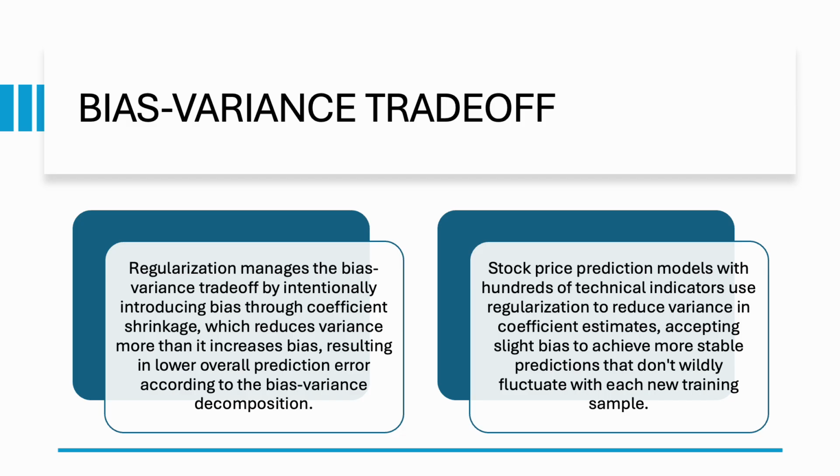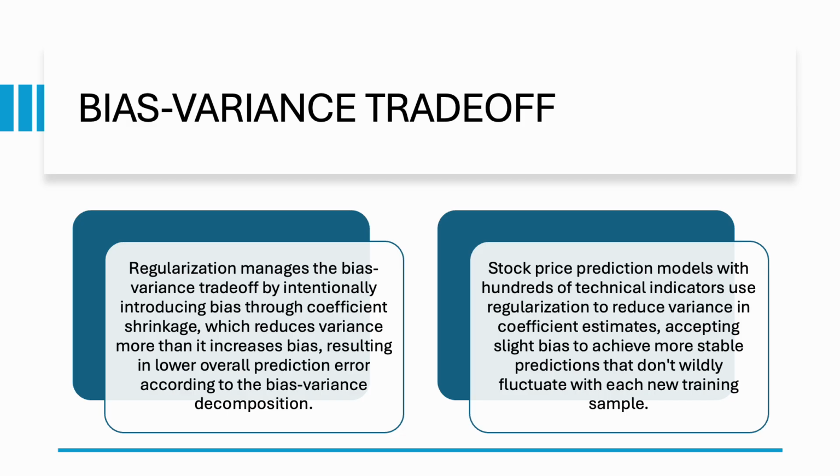The bias-variance trade-off means we are trading one type of error for another. Stock price prediction models with hundreds of technical indicators use regularization to reduce variance in coefficient estimates, accepting slight bias to achieve more stable predictions that don't wildly fluctuate with each new training sample.